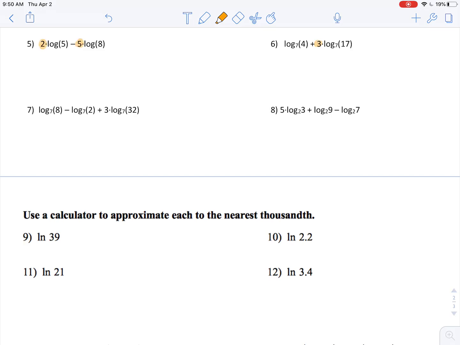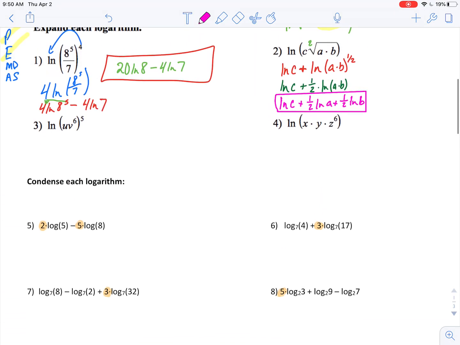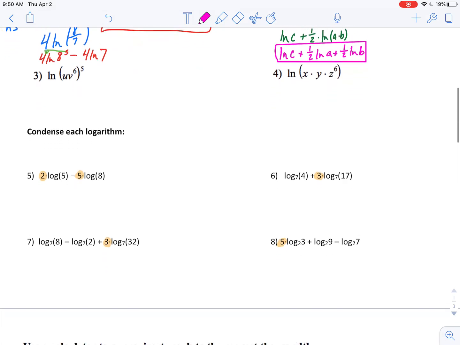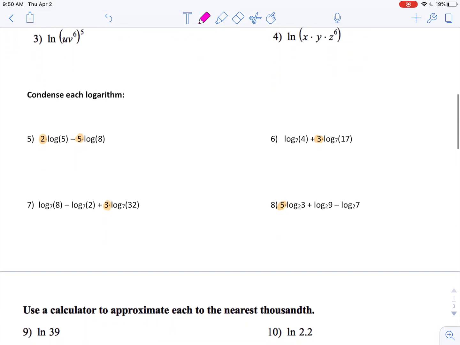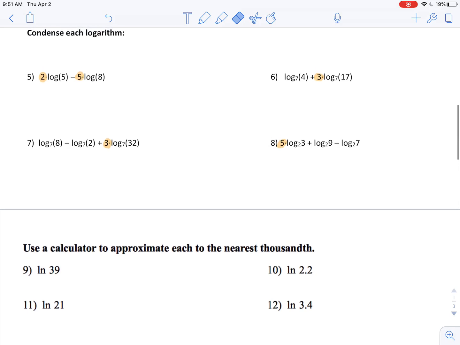So we're going to condense each log now. All right, so we're going to go the opposite direction. So we're going to start looking at these numbers out front. We'll always look for numbers out front first. Anytime I've got numbers out front, like we saw in number 1, like we would see in number 3, the way that we get numbers out front is when we bring an exponent out front.